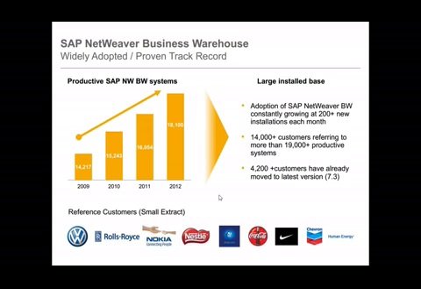I just wanted to show you these statistics. People have a lot of confusion about the difference between HANA and BW on HANA. Let me clarify that concept first. If my ECC transaction system is on HANA, my BW reporting system need not be on HANA.